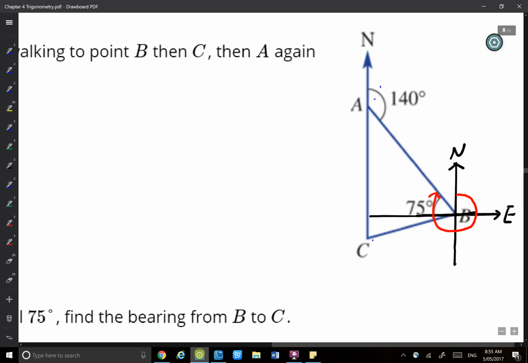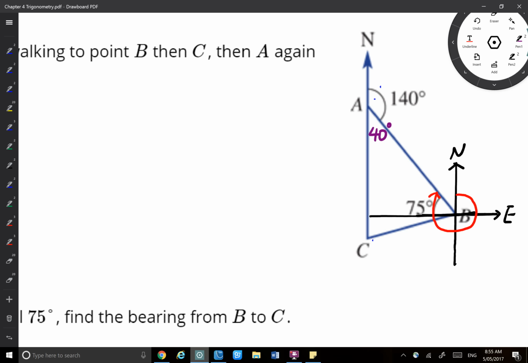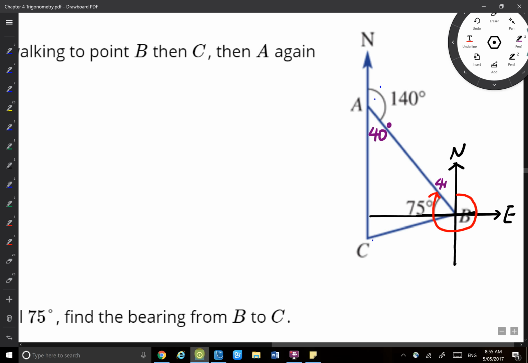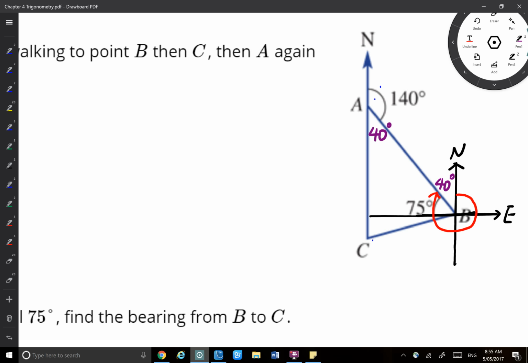Here is 140. Here must be 40, correct? Because added together they should give you 180. If that is 40, here must be 40 as well, because it is a parallel line. Both norths give you parallel lines, and that gives you 40 as well.